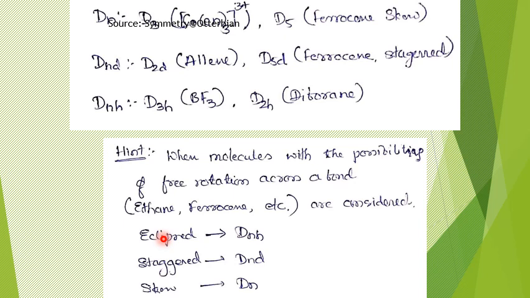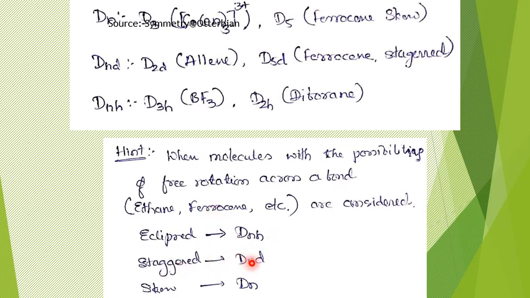Then further, if it is an eclipsed conformation, whether it is ethane eclipsed, ferrocene eclipsed, or say another example, Re2Cl8 2-, the compound with delta bonding, all those things, if they are in eclipsed conformation, that will be Dnh.